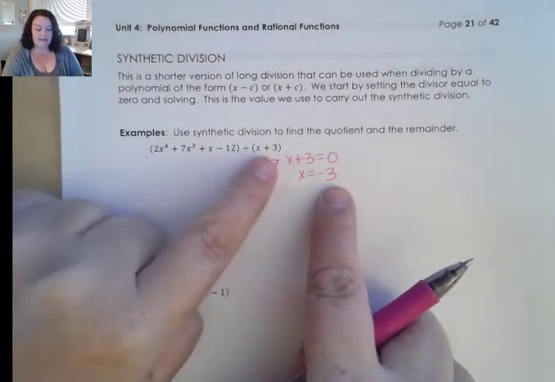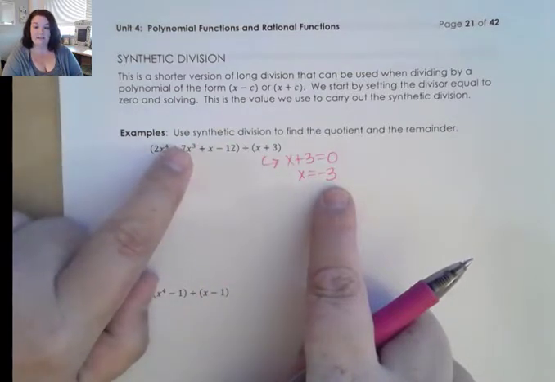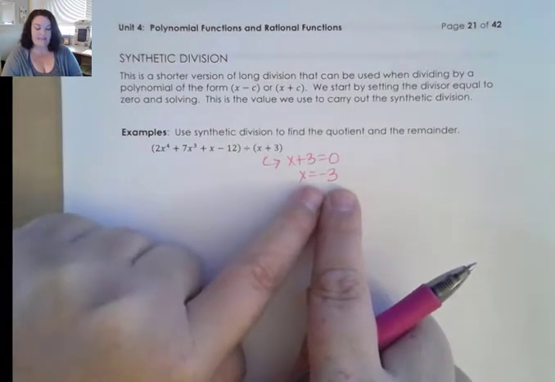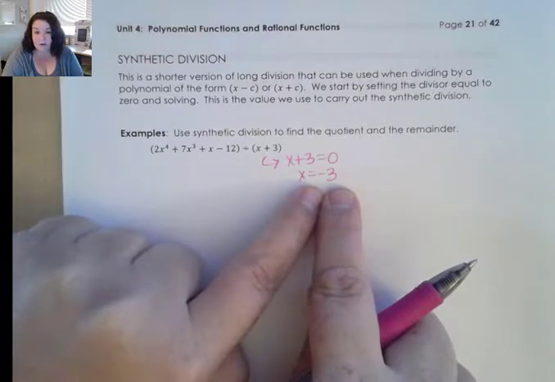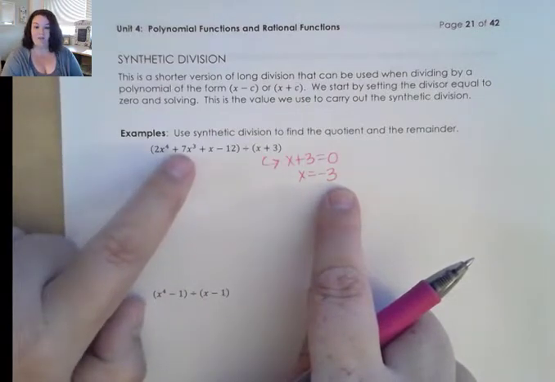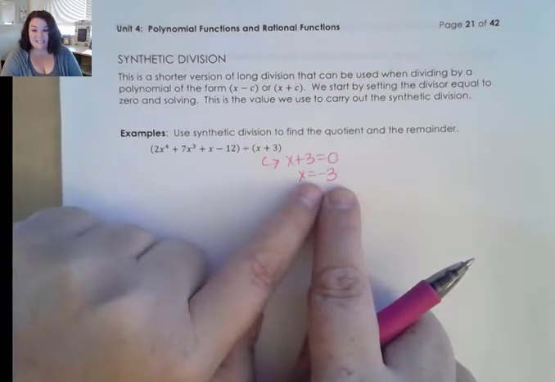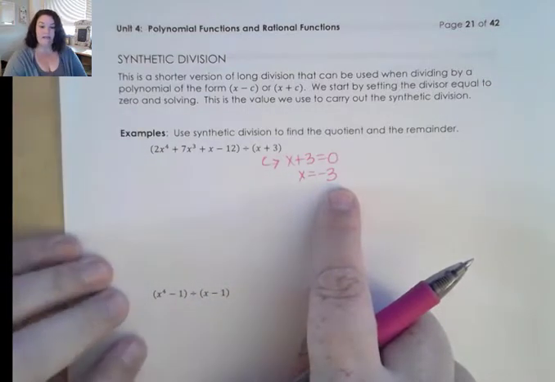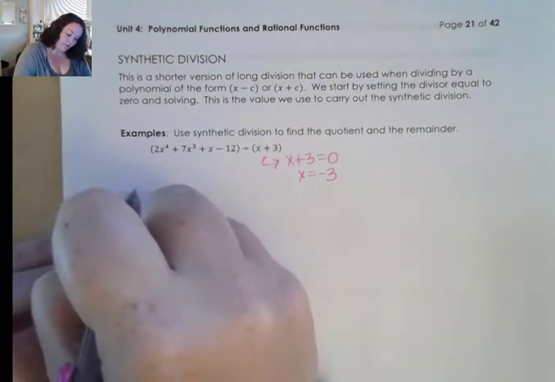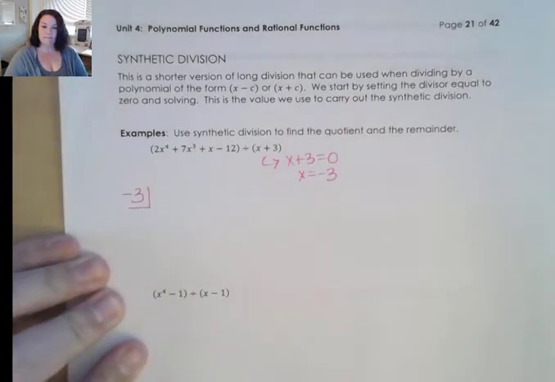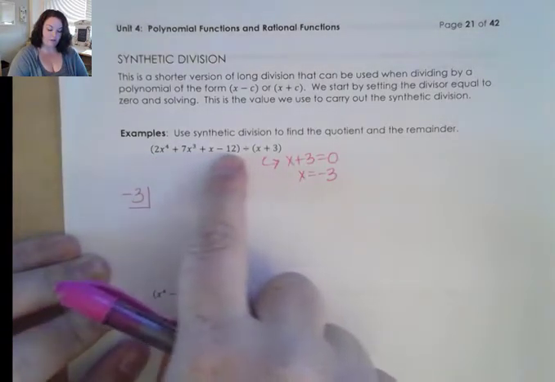So instead of seeing if the divisor is a factor of this, I'm actually solving it to see if this specific number is a 0 of this polynomial, or if this is an x-intercept of this polynomial. And the way that we do that is we put negative 3 in a little box here, and then we're going to write out all the coefficients.